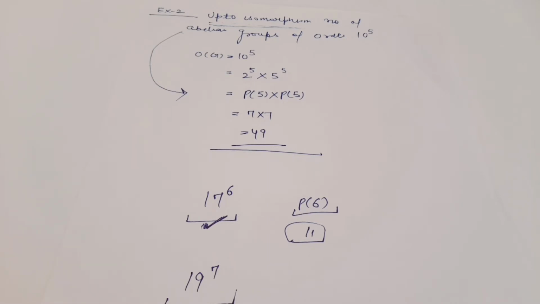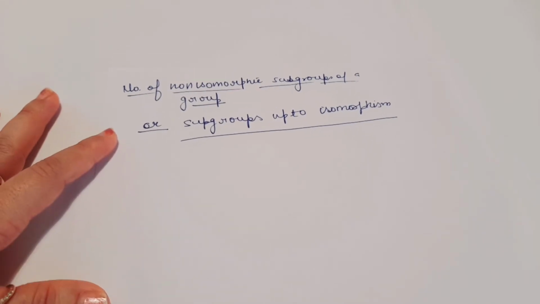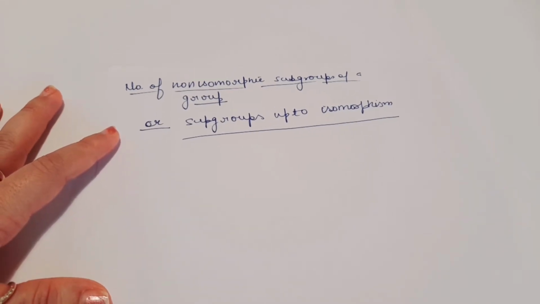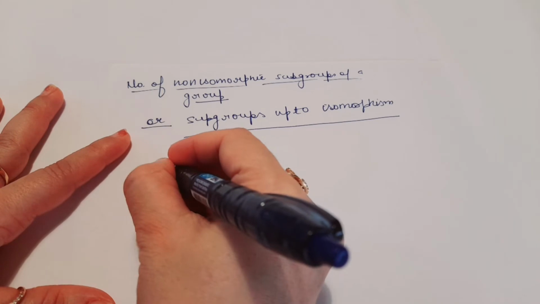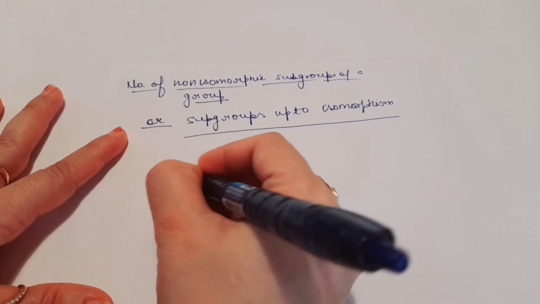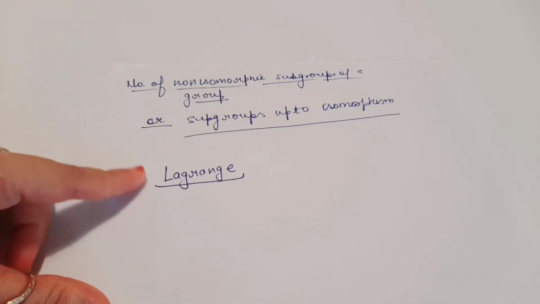Next we come to the number of non-isomorphic subgroups, and this is a very important topic: the number of non-isomorphic subgroups of a group, or subgroups up to isomorphism. Whenever it comes to subgroups, you always remember the Lagrange theorem.